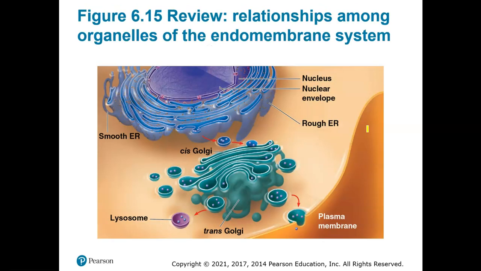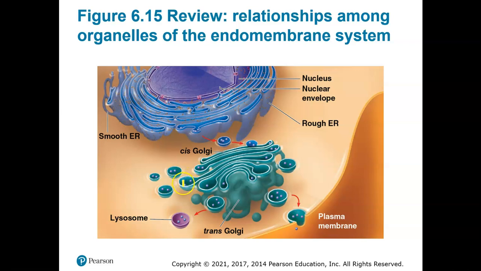And here's a review of the endomembrane system. You have the nuclear envelope, and then you have the rough ER that makes proteins and the smooth ER that makes lipids. And the endoplasmic reticulum, or the ER, will package its products into a transport vesicle. And that vesicle will fuse with the Golgi apparatus. The Golgi will modify and sort the products from the ER.